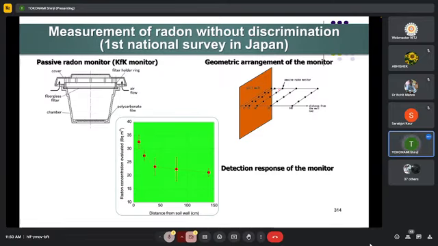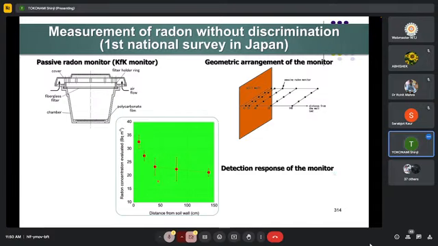Here is a soil wall in a house, and this is indoor. We placed a passive radon monitor at different distances from the soil wall: 10, 20, 40, 80, and 140 centimeters. And then we obtained the detector response of the monitor.